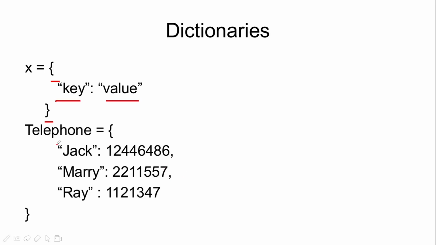For example, to declare a dictionary named telephone, we type the dictionary name and then we use curly braces and define keys Jack, Mary, and Ray, and each key will have certain value associated with it.